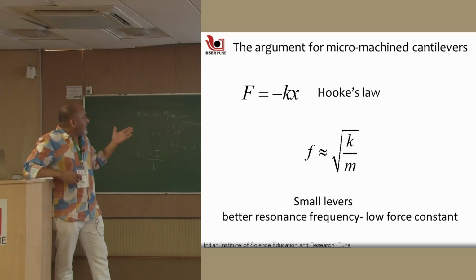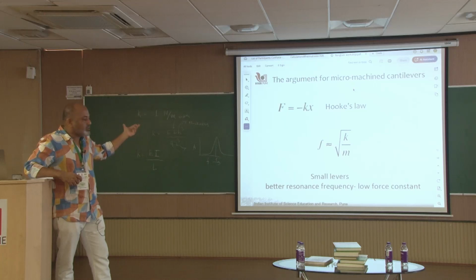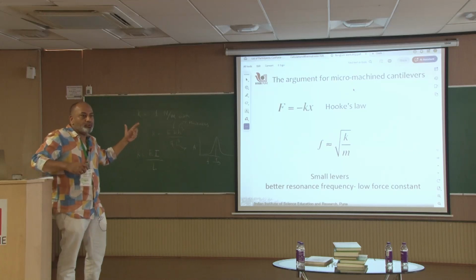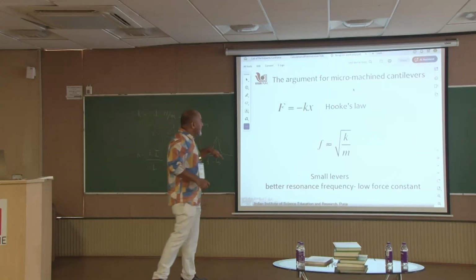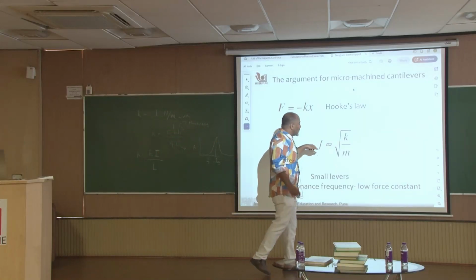So, yes, if you push down k, the frequency F goes down, and if you push down the mass, F goes up. So, one has to balance this. We want a smaller and smaller force constant. This small force constant will push the frequency down.